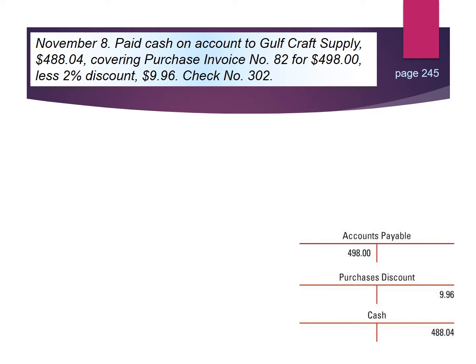So purchases discount, since it is a contra account to the purchases account, will be credited for $9.96. The difference between the invoice amount of $498 and our purchases discount of $9.96 is $488.04, which is the amount that our check was written.